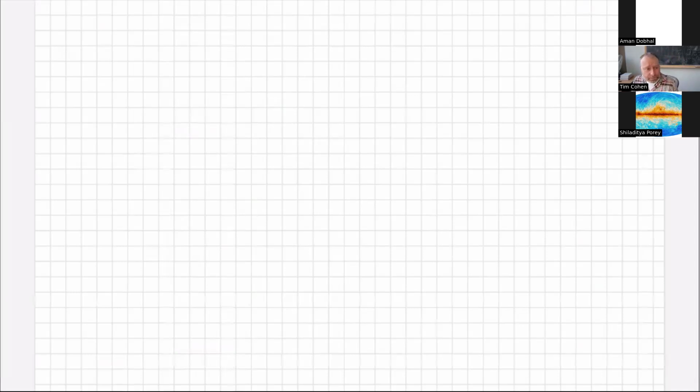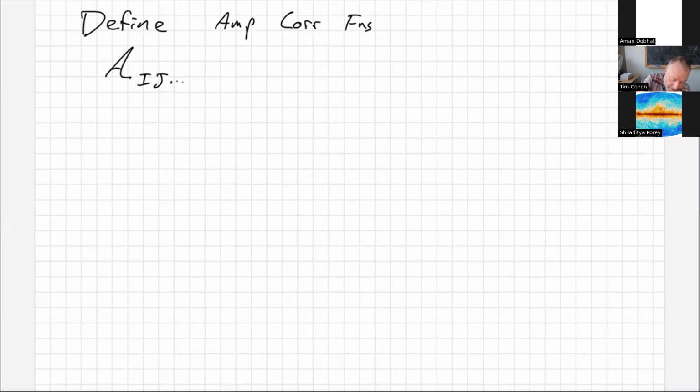Well, it turns out, let's just introduce kind of a standard definition. So let's define the amputated correlation functions. Okay, so I'll call them A, and I'll give them indices I, J, N, and these are just the limit as P I squared goes to M I squared times some wave function factors.